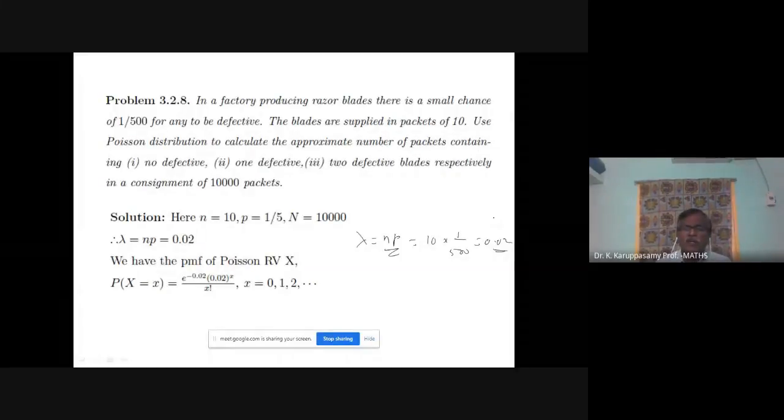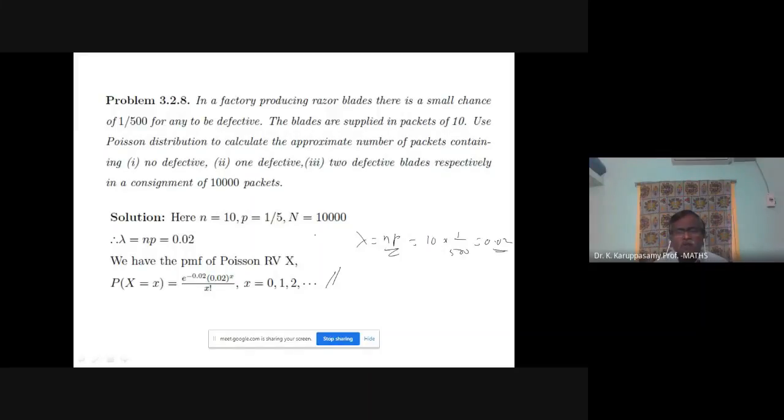Immediately write the probability mass function: e power minus lambda, lambda power x divided by x factorial. Replace your lambda value, 0.02. In this probability mass function, we have to find the probability, then multiply with 10,000. That will give the approximate number of packets with no defective.